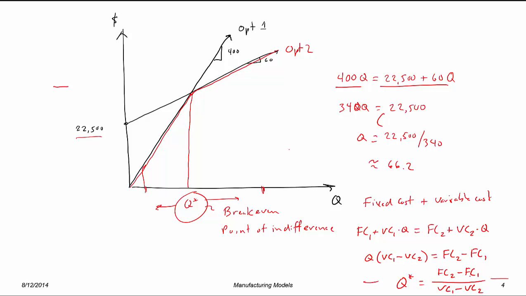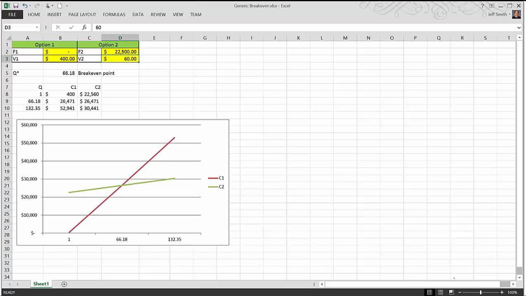So fixed cost 2 minus fixed cost 1 divided by variable cost 1 minus variable cost 2. And you can see that's exactly what we have here in cell B5. We have fixed cost for 2 minus fixed cost for 1 divided by variable cost for 1 minus variable cost for 2. And you can see that gave us our break-even point.